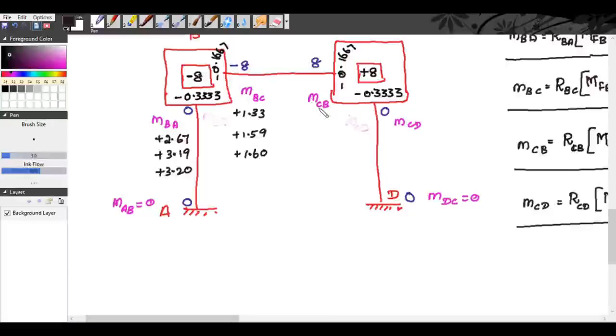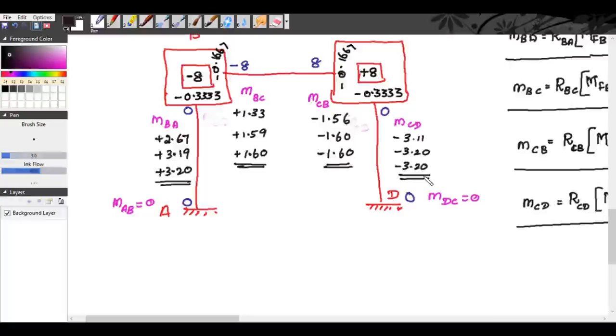The values for MCB are minus 1.56, minus 1.60, minus 1.60. For MCD, it is minus 3.11, minus 3.20, minus 3.20. See, just to check, similar values. If you are able to find one half, the other half will be the same.